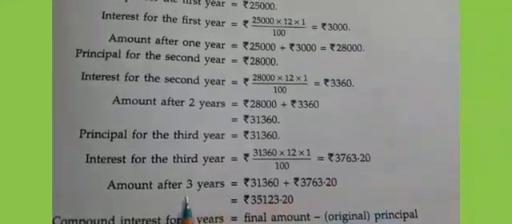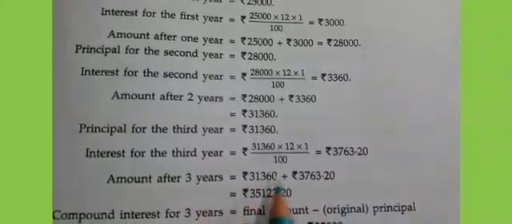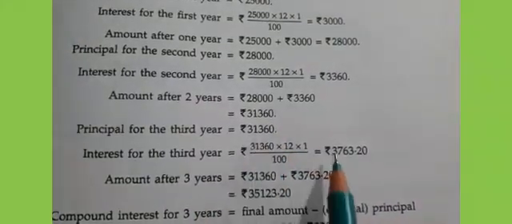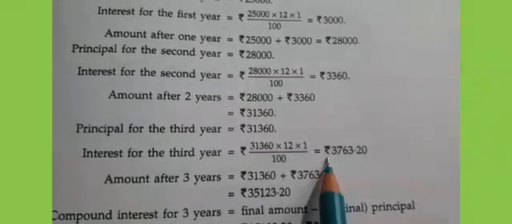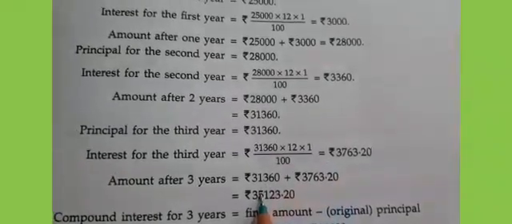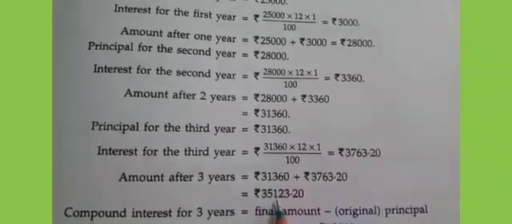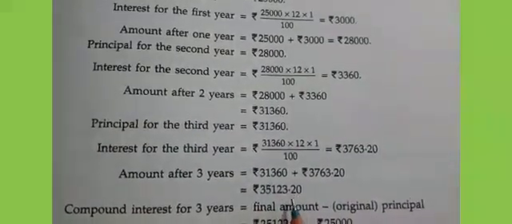Now amount after 3 years will be, on adding the principal for third year and interest for third year, we are getting amount after third year, that is 35,123.20.